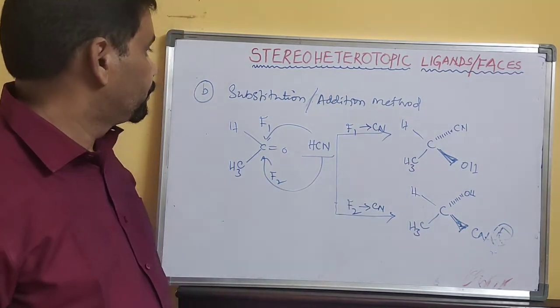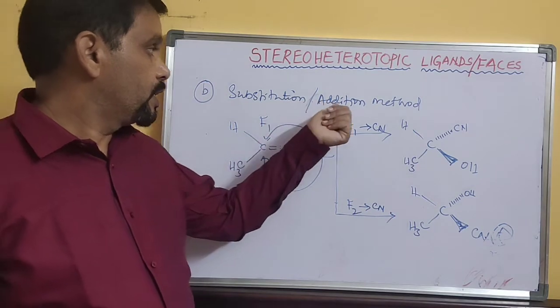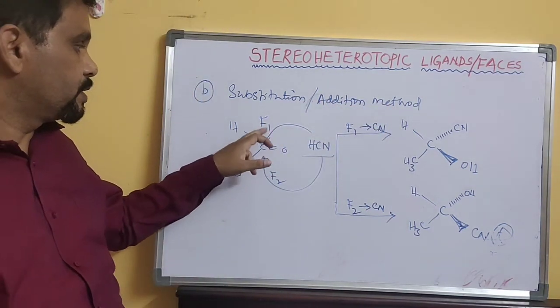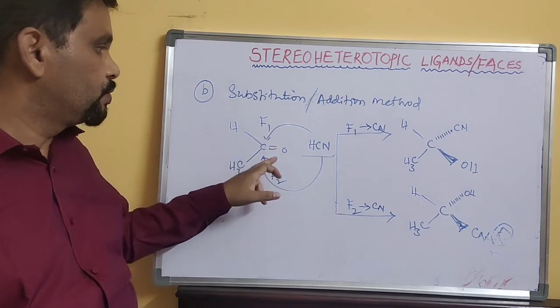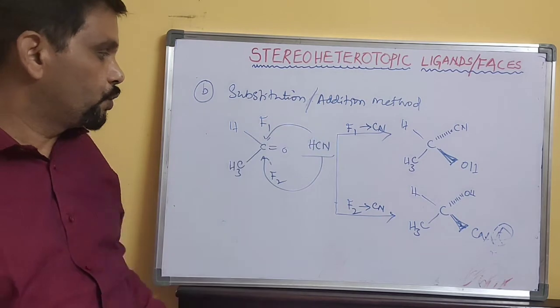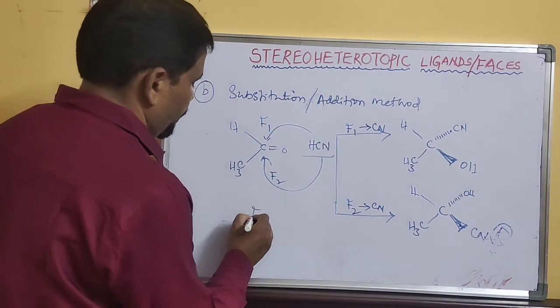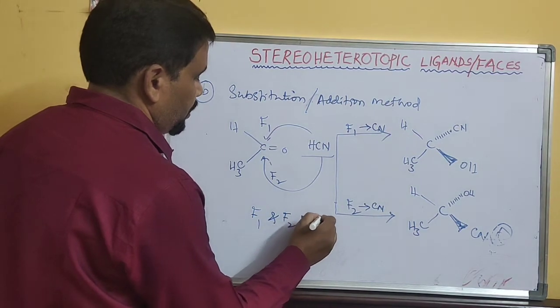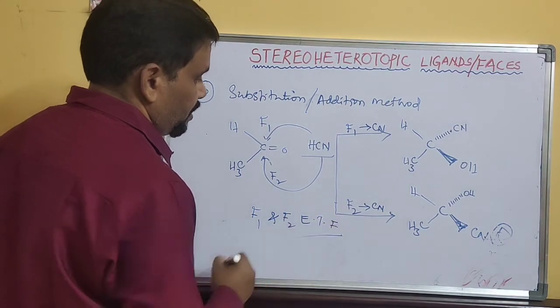So according to the substitution or addition method, we can find out that these two faces, F1 and F2, can be considered as enantiotopic faces.